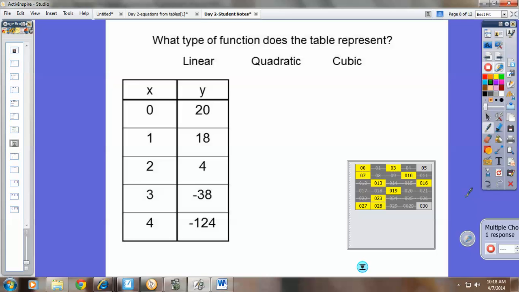Once you get this one done, if you want to work ahead, you can work the next one. Need 2 more in, please.